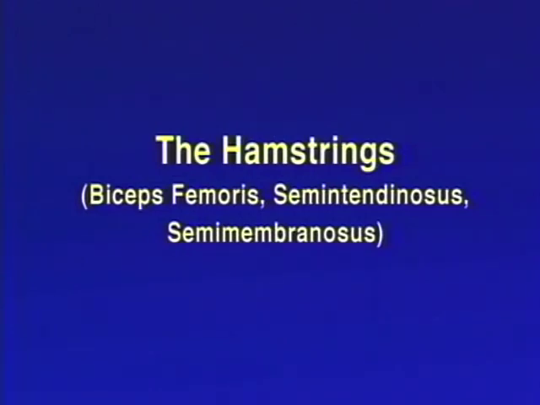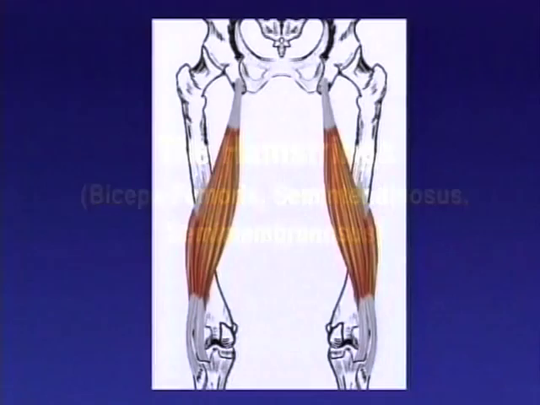Next, let's look at the posterior muscle groups that affect the knee, namely the hamstrings. The biceps femoris, the semitendinosus, and the semimembranosus all make up the hamstrings muscle group. The biceps femoris, as the name implies, has 2 heads. The long head originates on the ischial tuberosity, and the short head originates on the lateral lip of the linea aspera.